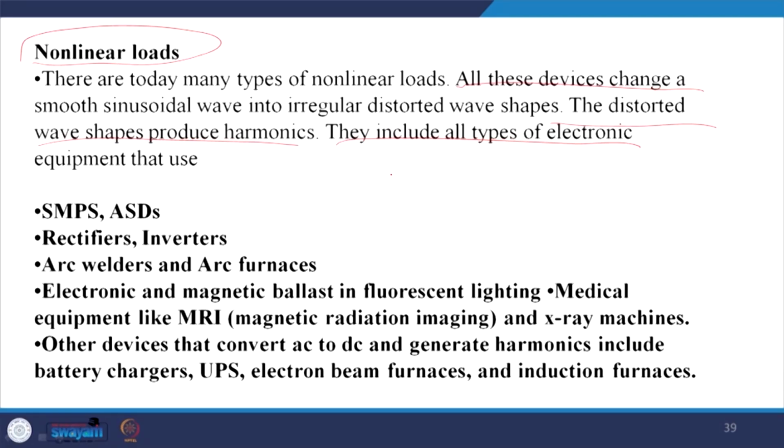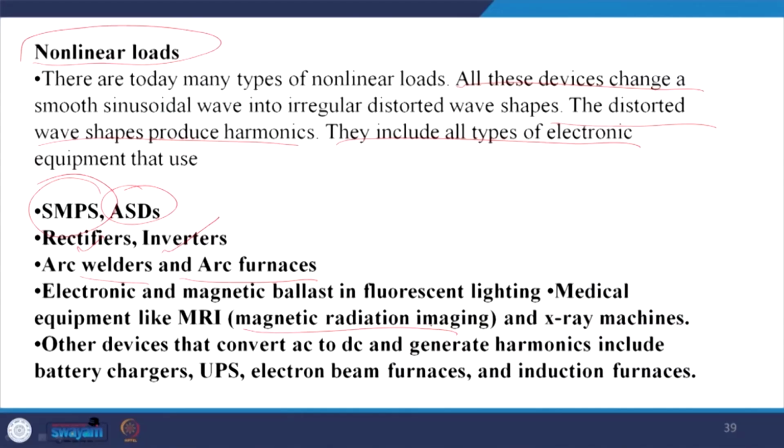and these are SMPS, switch mode power supply, ASDs, that is adjustable speed drive, rectifier, inverter, arc welder and arc furnace, electronic and magnetic ballast used for fluorescent light, medical equipment like MRI, magnetic resonance imaging, and X-ray machines.